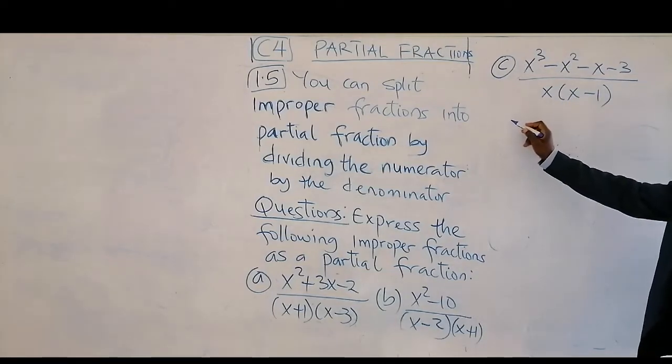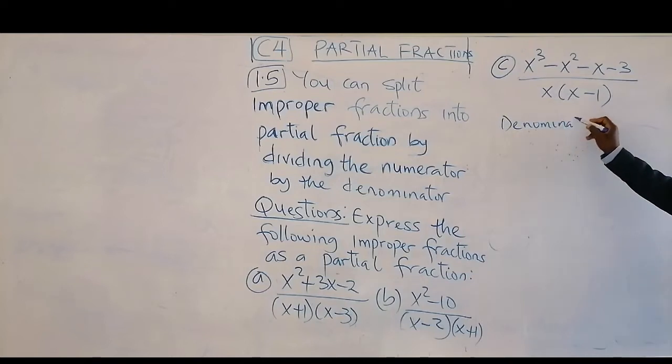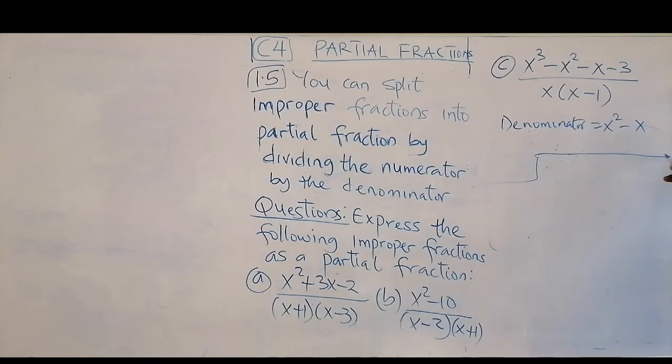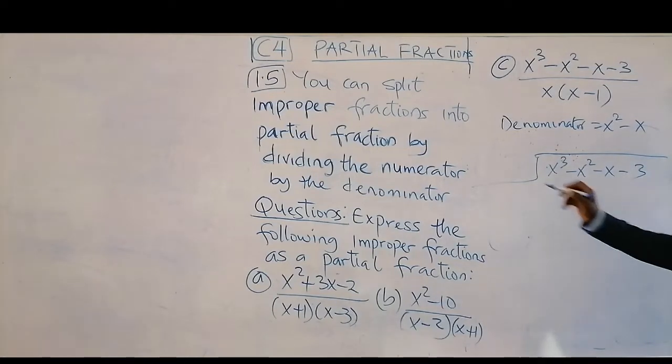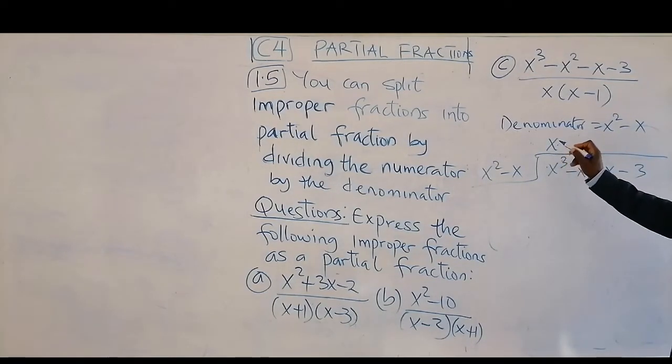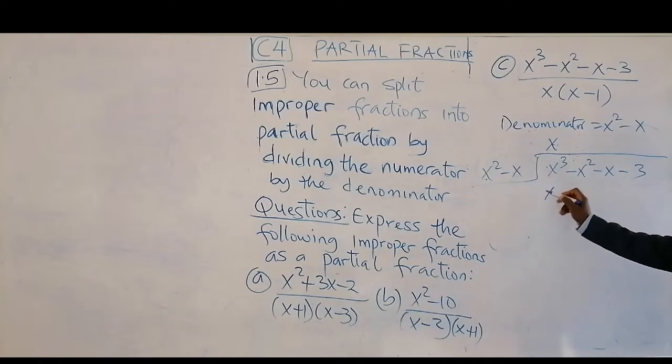The denominator, if you do the expansion, will be x squared minus x. Then do your long division, which is this x cubed minus x squared minus this minus this. What I need now is x, so that if I multiply this with this, I get my x cubed.